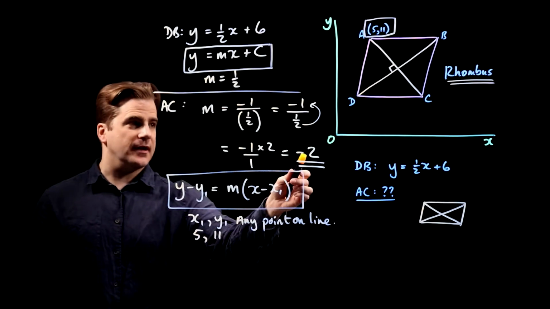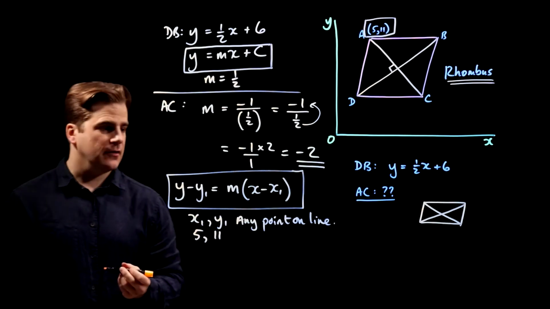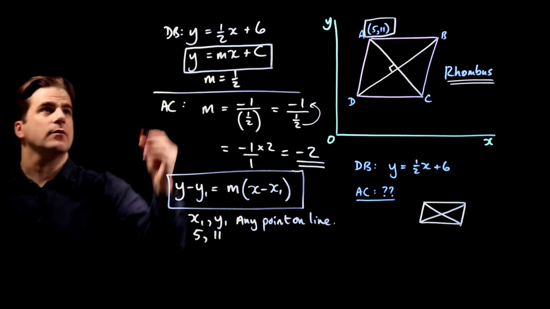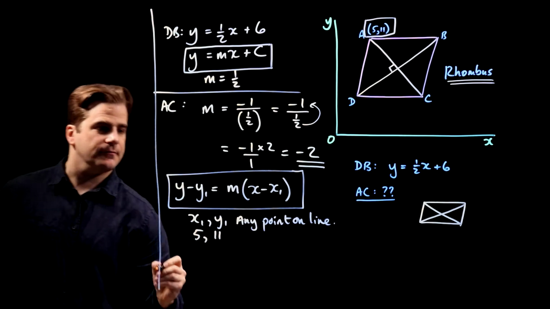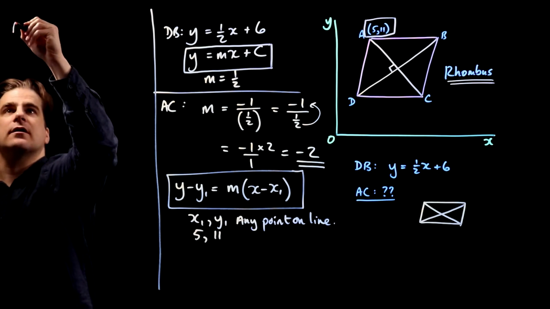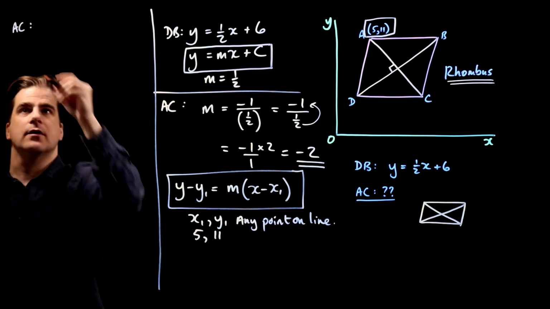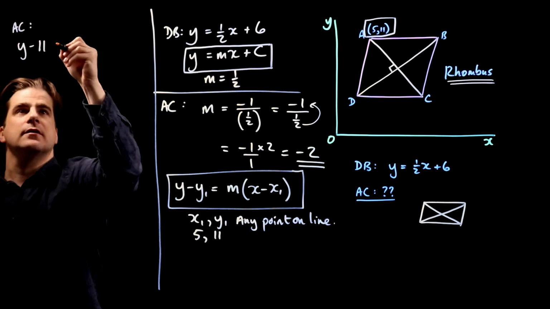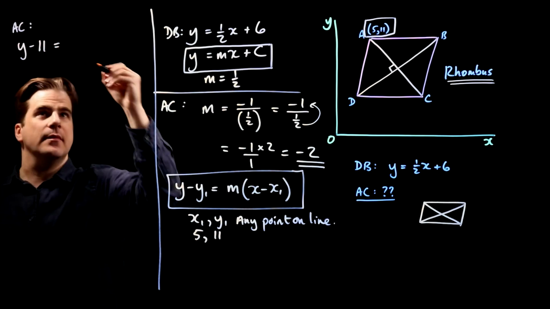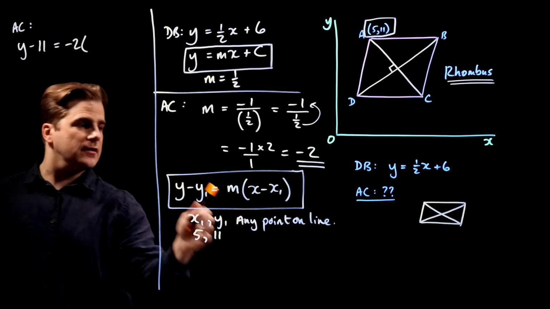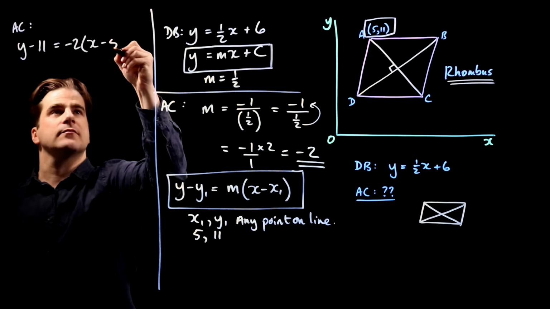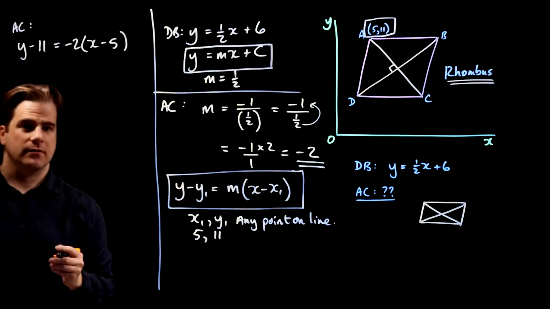We know m, it's minus 2 for AC, so we can just stick it in here and get the equation. For AC, y minus y1 is y minus 11, m is minus 2, times x minus x1, which is x minus 5. There we go.